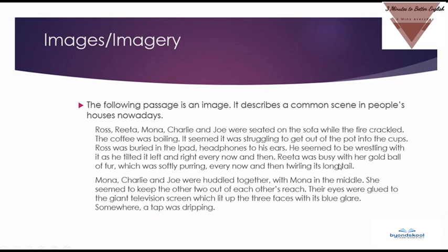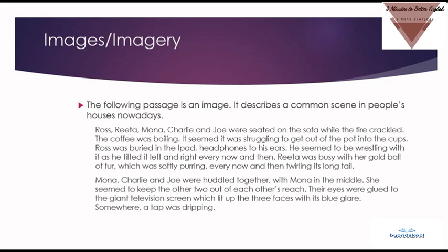And then Rita was busy with her gold ball of fur, which was softly purring, every now and then twirling its long tail. The writer here gives us an image, a common scene that you can see in a household in winter evenings maybe, or in winter afternoons. So he's not saying this is afternoon. By describing the scene, he says this is afternoon.